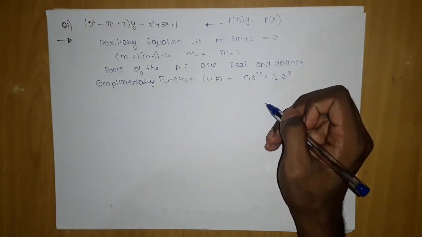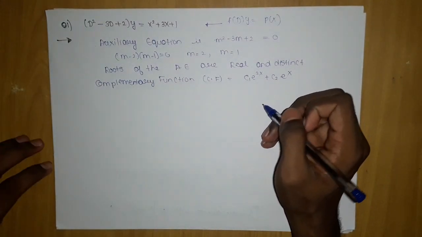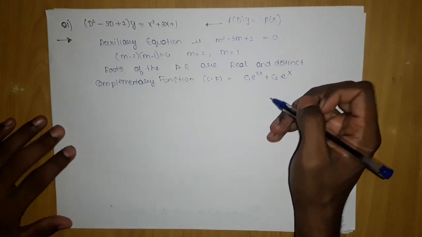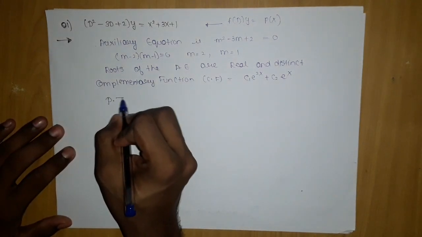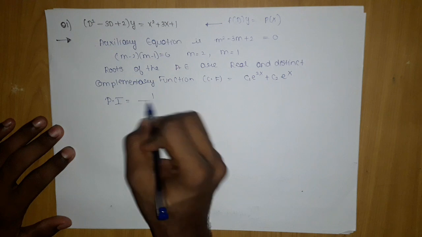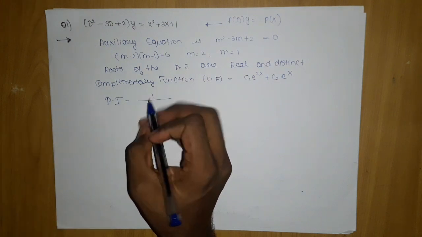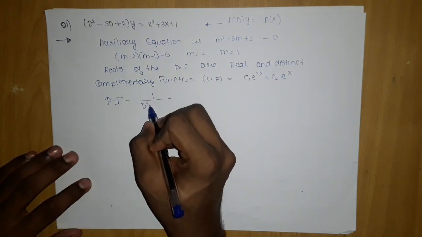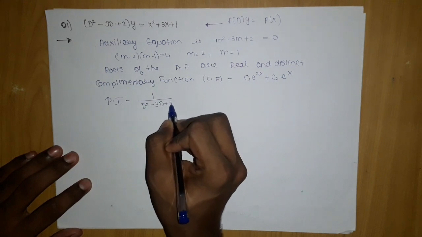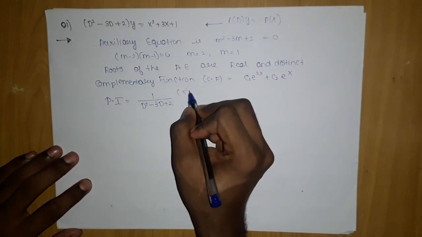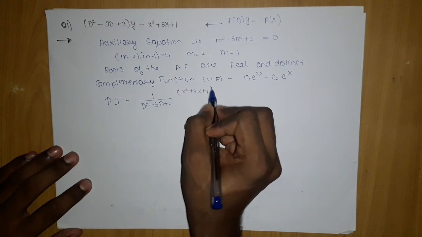So we got the complementary function. Now our target will be getting the particular integral. Just observe, in the particular integral we are first going to write it in 1 by f(D) into Q(x) format, which will be 1 by (D square minus 3D plus 2) into x square plus 3x plus 1.